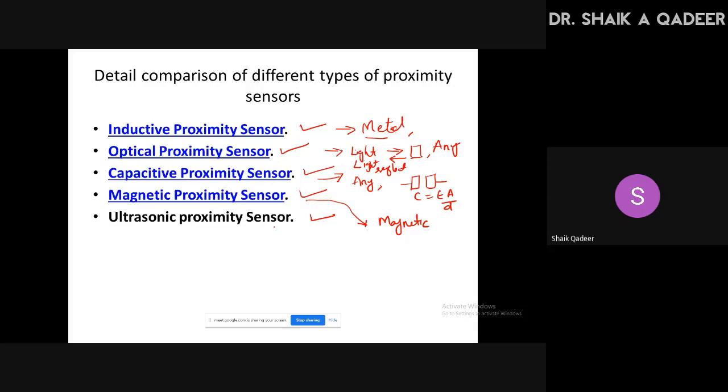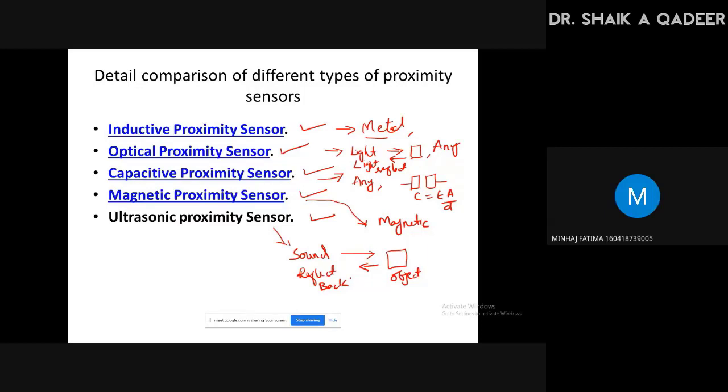In case of the ultrasonic sensor, a sound wave is transmitted and the waves are reflected back because of the object's presence. These are the brief classification. Detail is there in the next slide. If it is clear, I will move to the next slide. Please acknowledge.